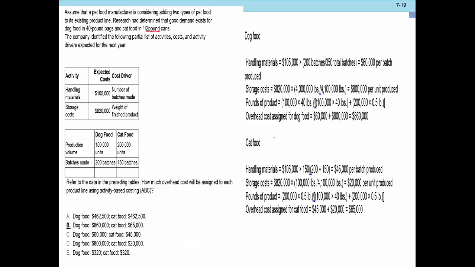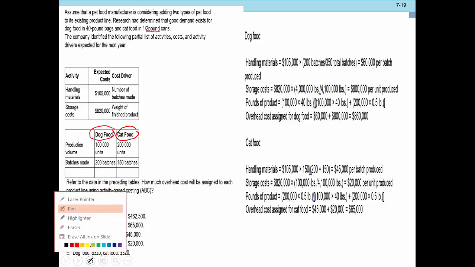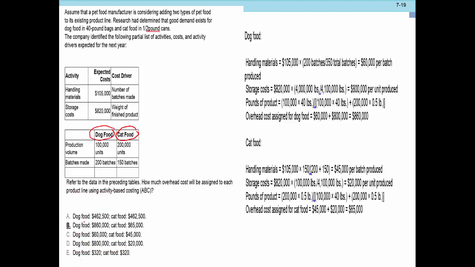This one now we have dog food and cat food. Okay, good. So now at least we're not dealing with human food here, right? They give us the units, they give us the batches, and on the left panel, guys, is the question, and on the right panel is the way to go through the solution. Let's read the question here.